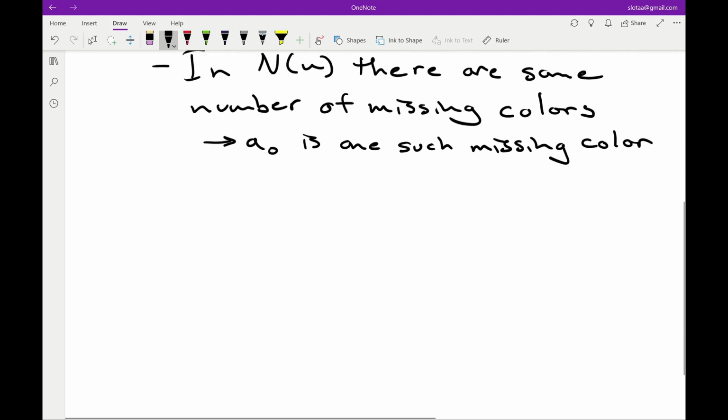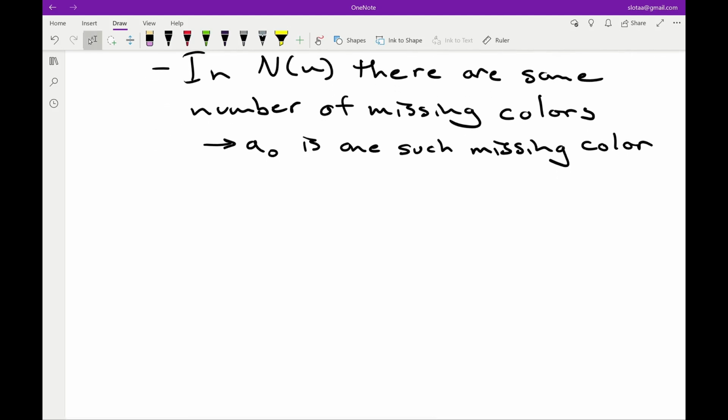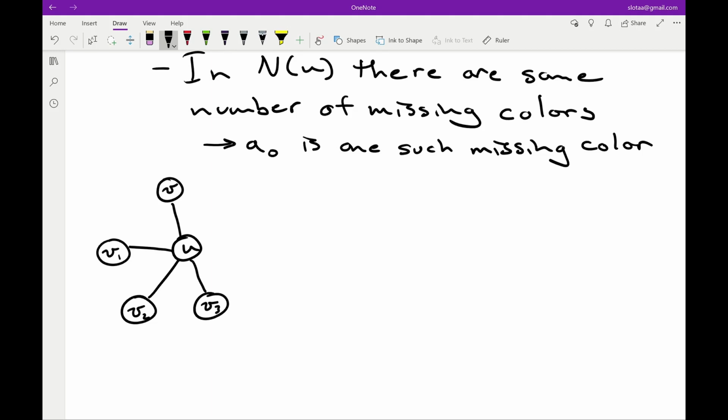Let's look at how we're setting this up. We're considering U's neighborhood: we have our vertex V, and then some number of vertices V1, V2, V3, and so on. At each of these vertices, there's some missing color. Without loss of generality, we can structure the neighborhood in this way, and we'll explain why in a second.